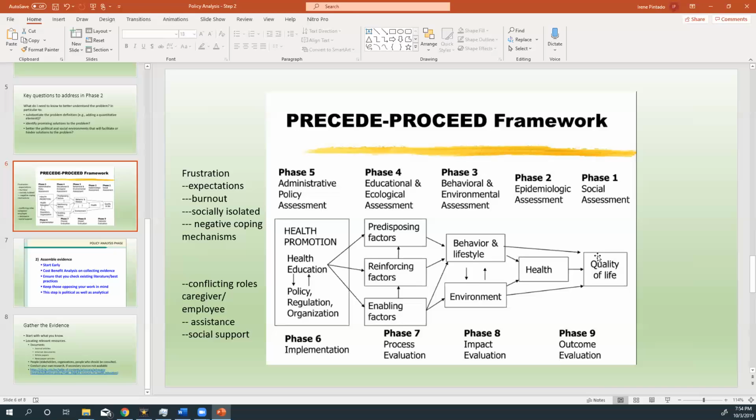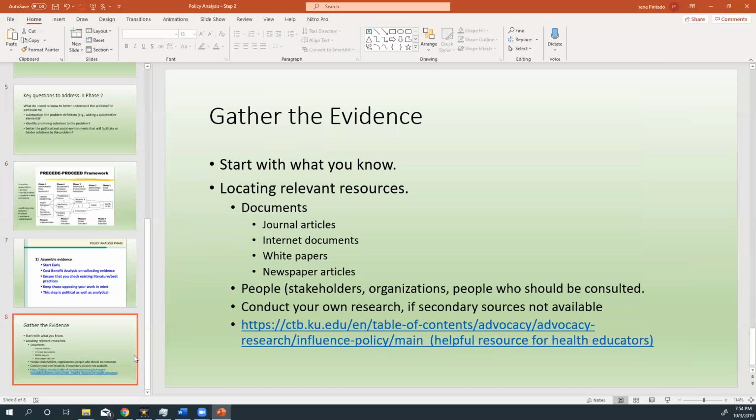I think it's pretty intuitive. But yes, I will put this up, and there are resources if you Google PRECEDE-PROCEED. Particularly, there's a group called the Community Toolbox, which has a whole section on it, because they're a health education toolbox.